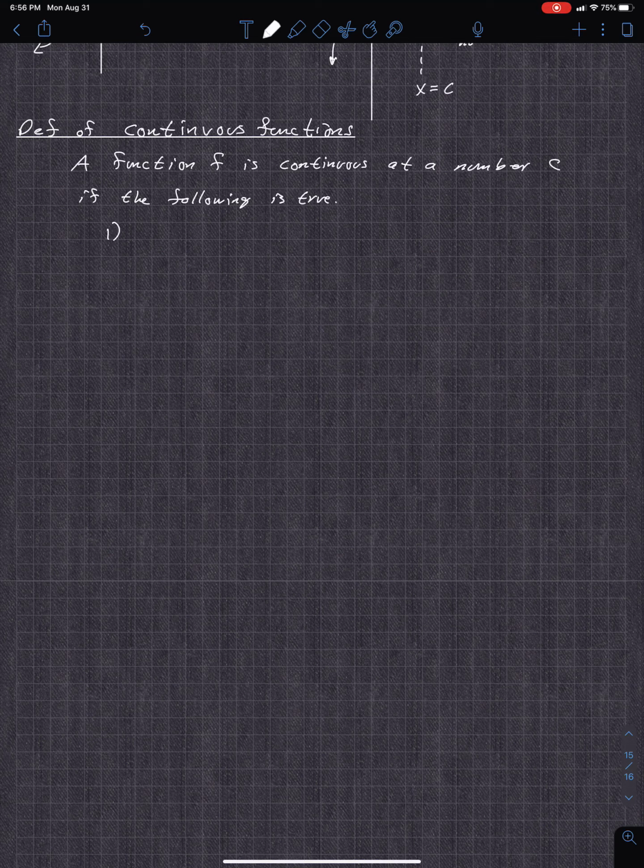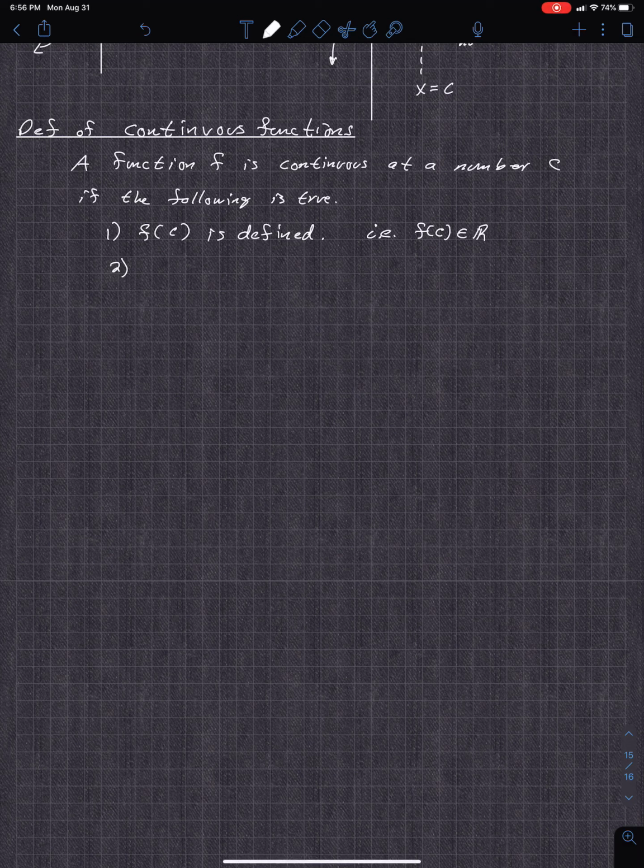So 1, f of c is defined. That's the first one. And what we mean by defined is that f of c is a real number. So it is not undefined.